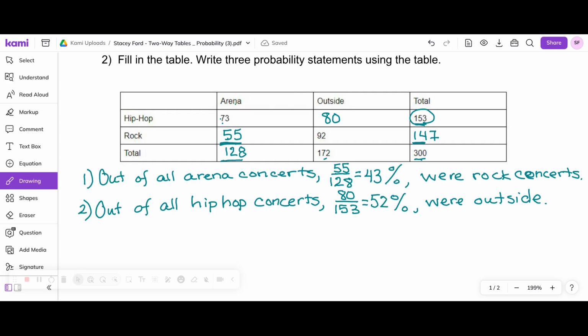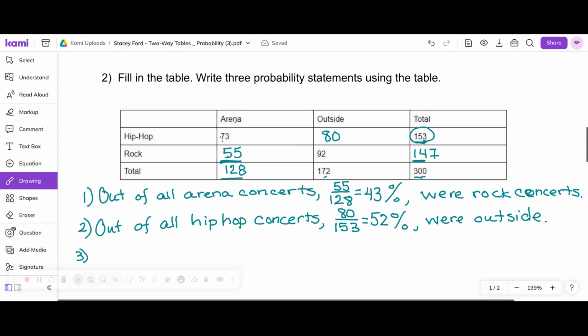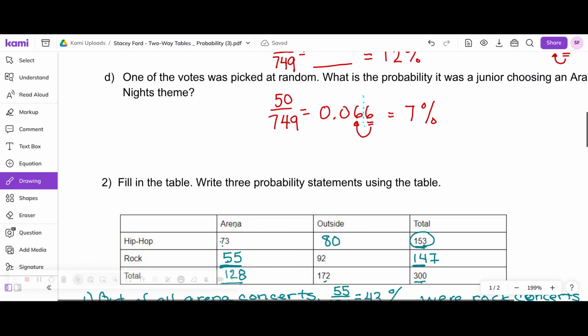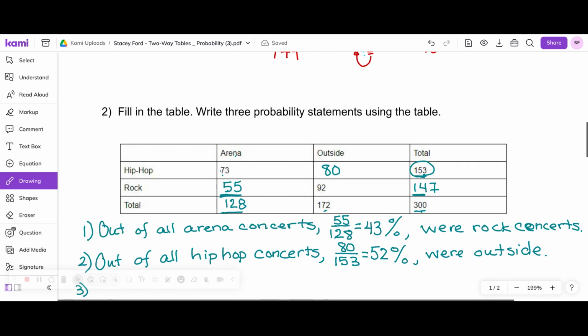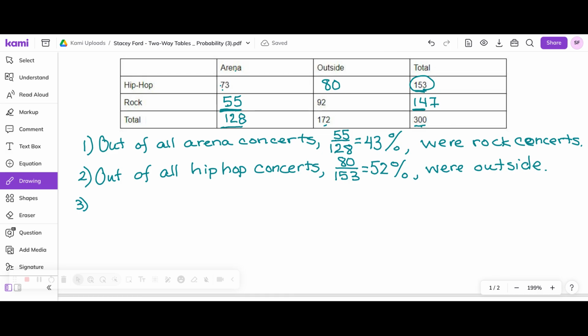Okay. Now the third one is one that we had at the very top where it says out of all the random. So instead of saying out of all the random concerts, I could have said out of all concerts. And that's telling me all the concerts that we have. So that's 300. Now I could be very specific and I can say we're indoor hip hop.